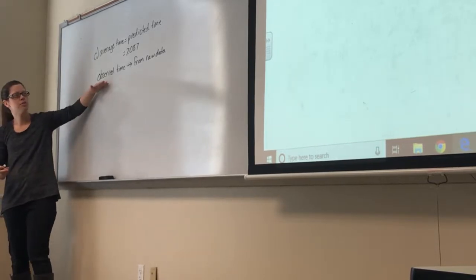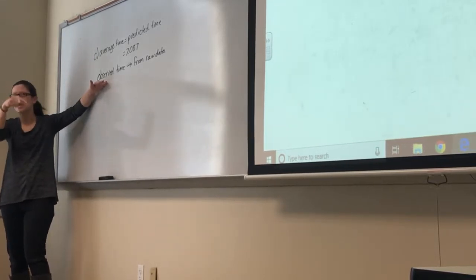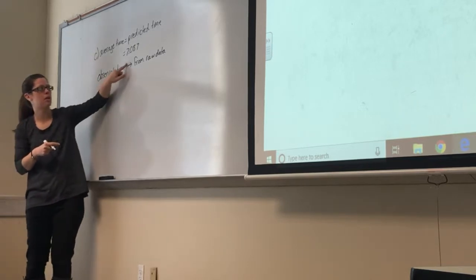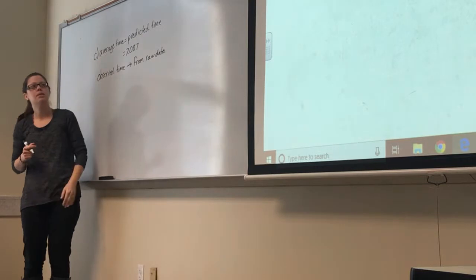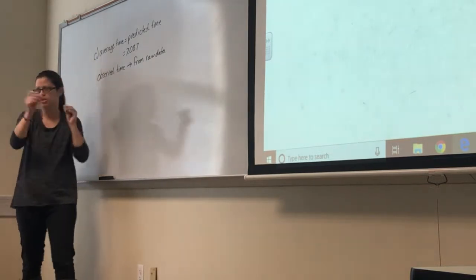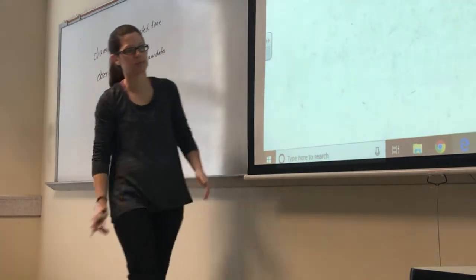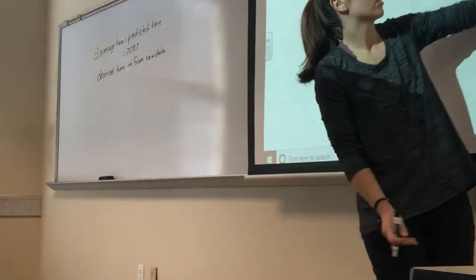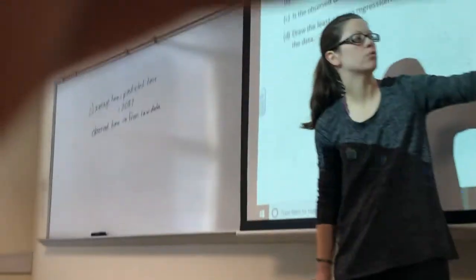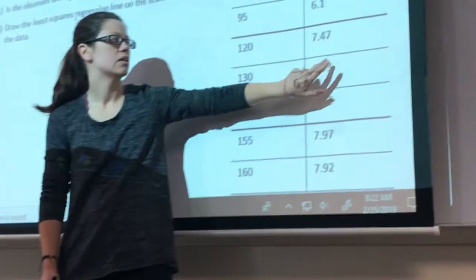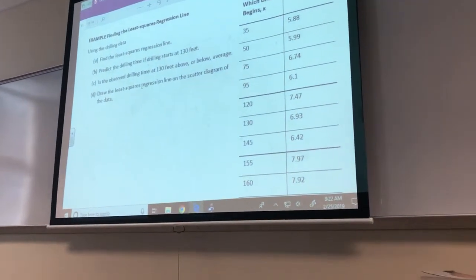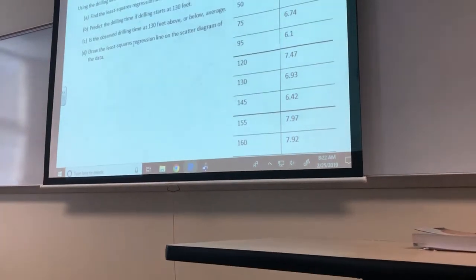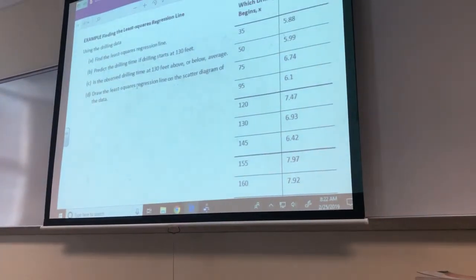So the observed time is the actual data value that they gave us at the beginning to start with. So anytime they talk about the observed time, that's from your table that they give you. It's the point that you actually see on your scatter plot. So if you look here, when it's 130, this particular time that we observed was 6.93. And so that's my observed time. It's going to be 6.93. That's from our table.